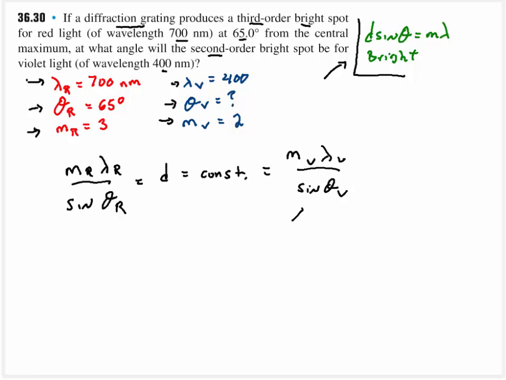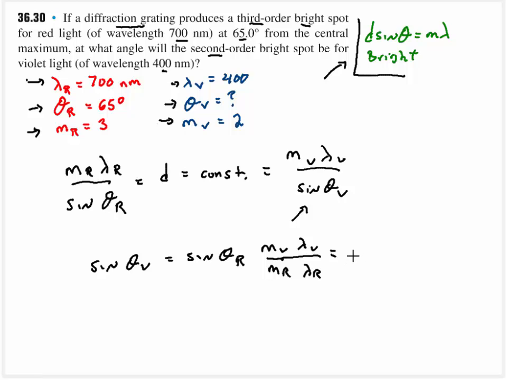Now it's a simple matter of isolating that guy right there, so we're going to say sine theta of violet light is going to be equal to sine theta of red light multiplied by m of violet divided by m of red, and then lambda violet over lambda red.